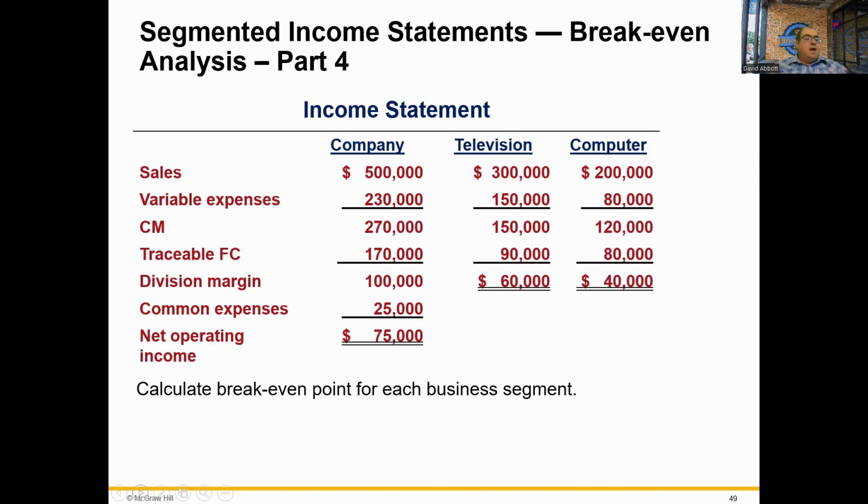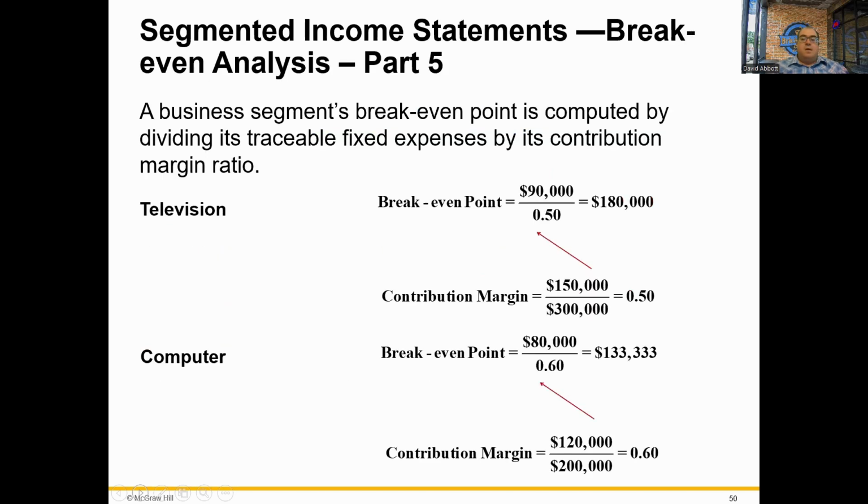Now, a business's segment break-even point is computed by dividing its traceable fixed costs by its contribution margin. And so you can do that then for each individual segment. And so we can do this for the television segment, and then we can also do this for the computer segment. So using this same equation, the break-even point for the television division is 180,000. So you take 90,000 divided by 0.5 is 180,000.